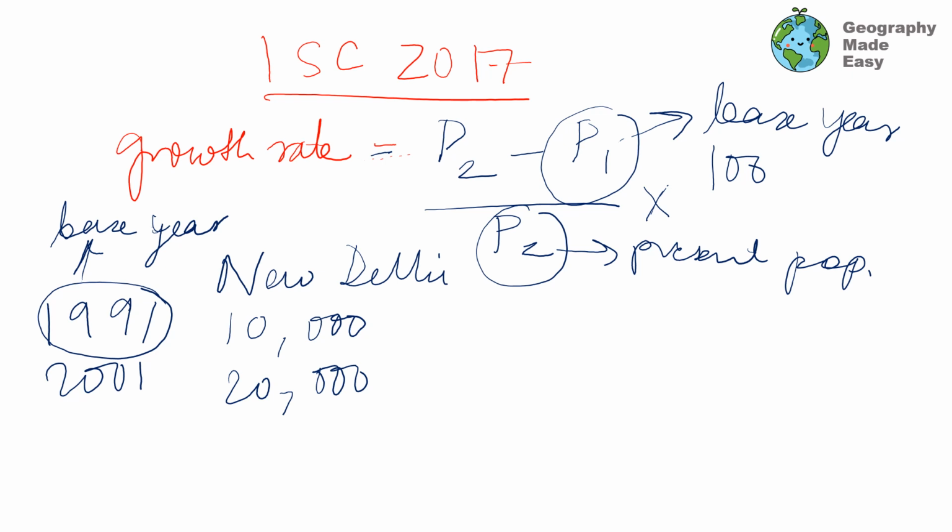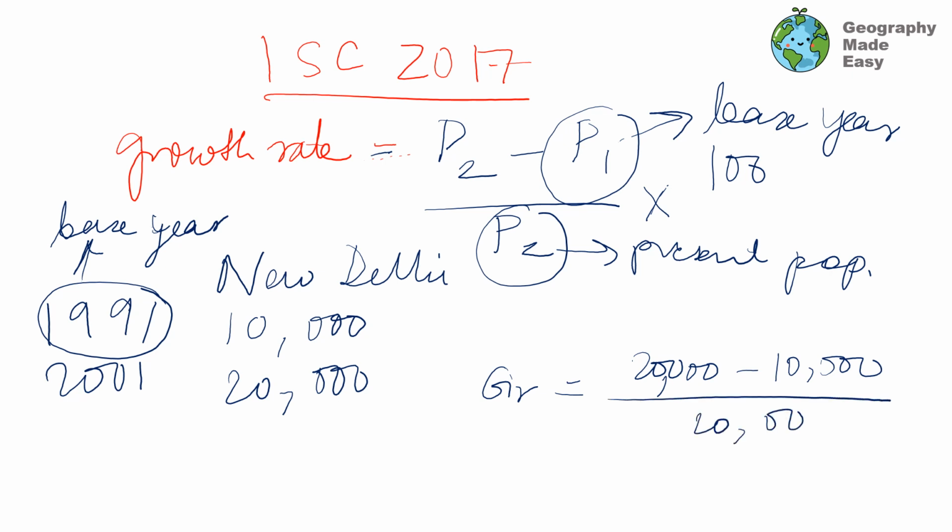So this is a very simple formula. If I have to find out growth rate, this is my P1 and this is my P2. So population for P2 will be 20,000 minus P1 base year is 10,000, divided by population 20,000, right? So this will come as 10,000 divided by 20,000, 0.5, that is 50%.